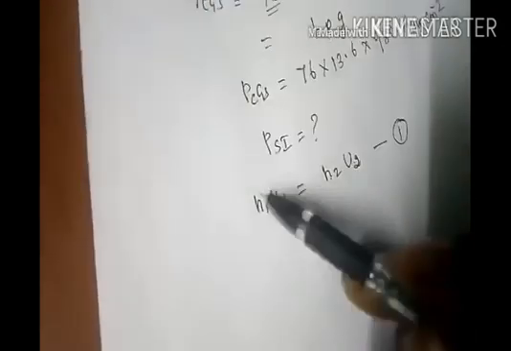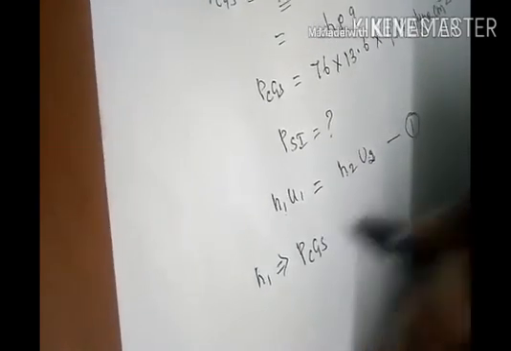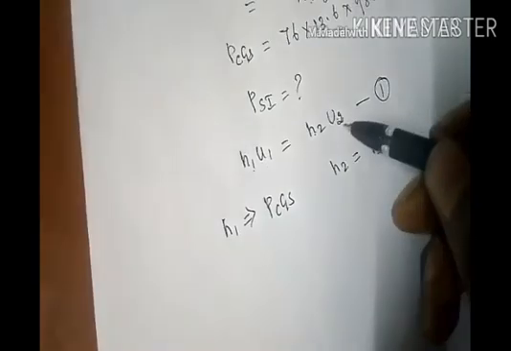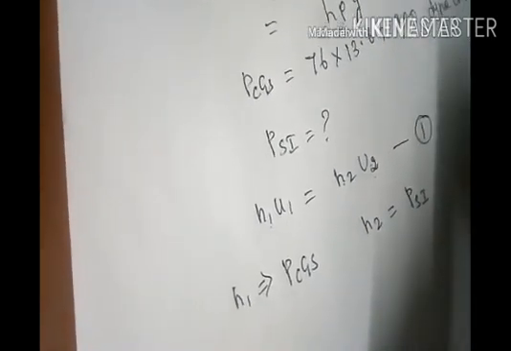Here N1 is the pressure in CGS, and N2 I will take as the pressure in SI system. Then U1, U2 we are going to write in terms of dimension.